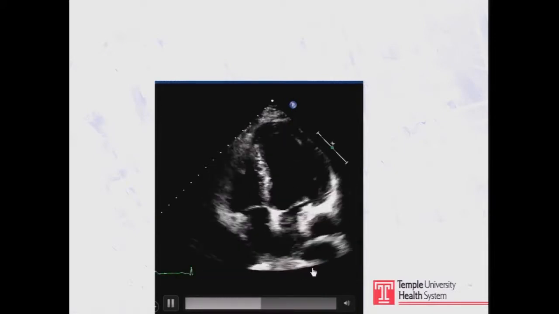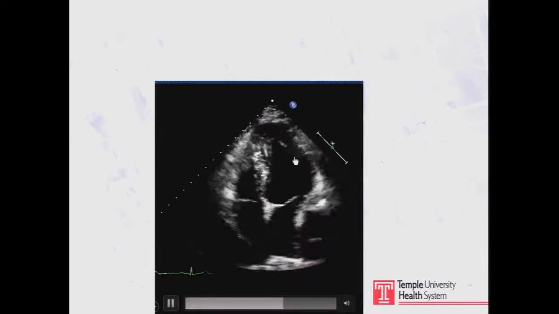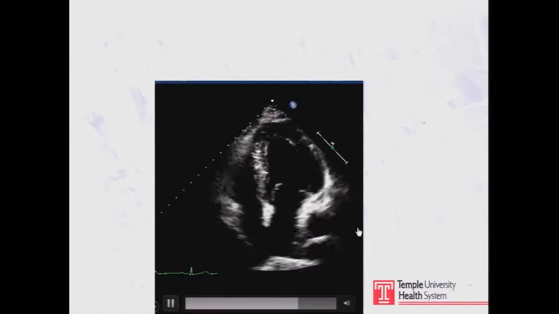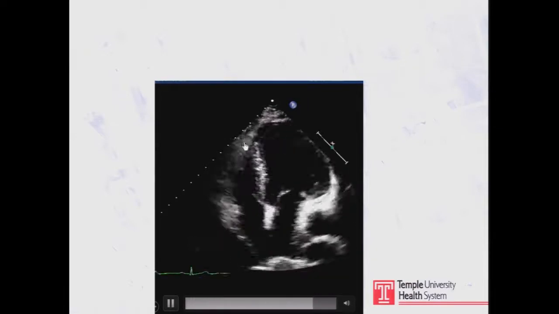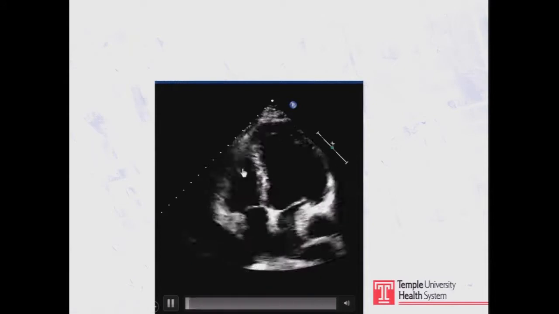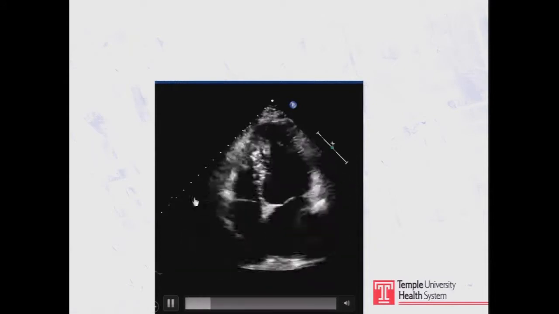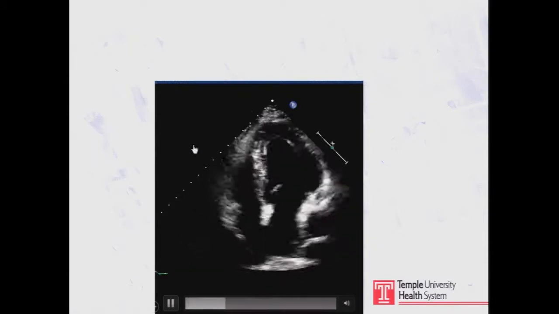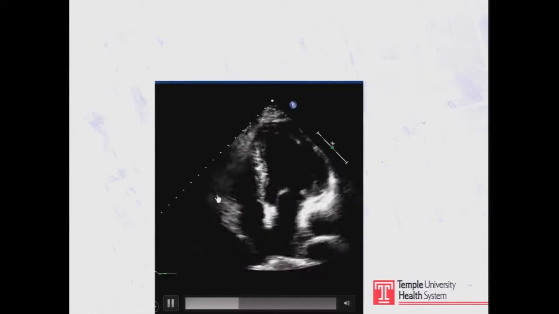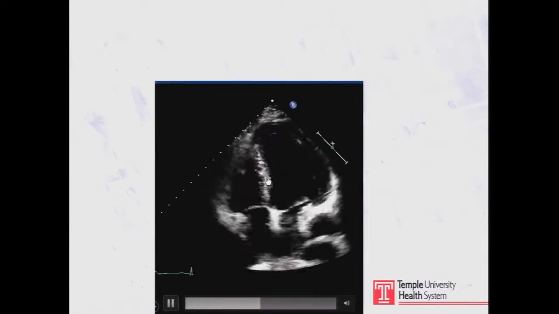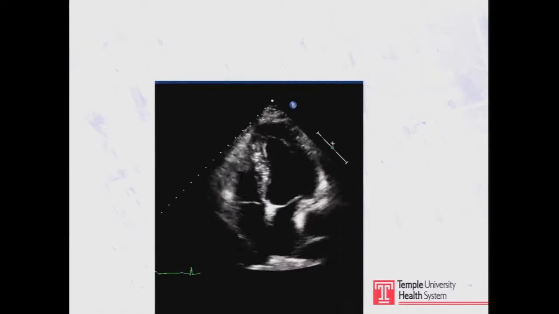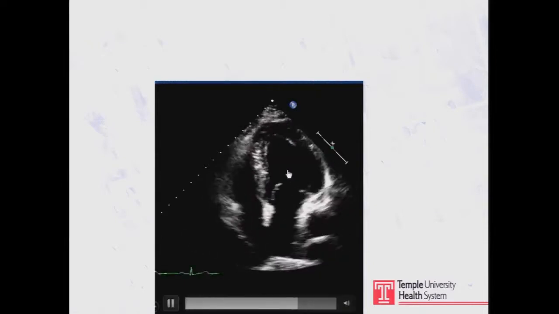They both look normal, but this is what kyphoscoliosis looks like. Similarly, if you have a pectus excavatum, the RV can look very weird with a big bulge at the apex, and that's just from thoracic cavity abnormalities and not from any cardiac abnormality.